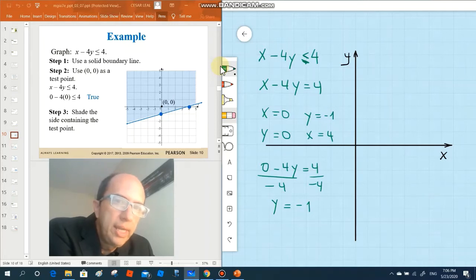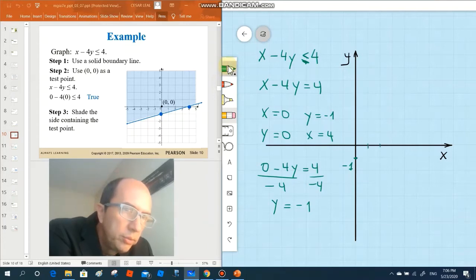Let's plot the line. X equals 0, y equals -1 here. And y equals 0, x equals 4. 1, 2, 3, 4.